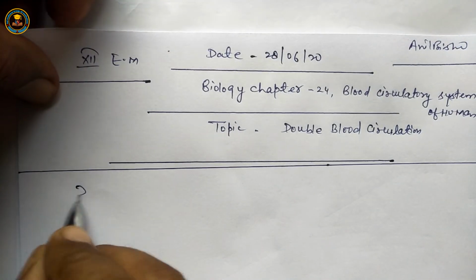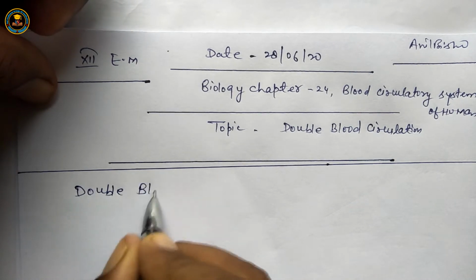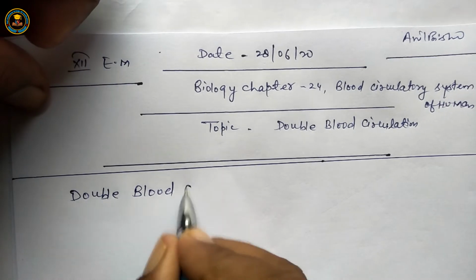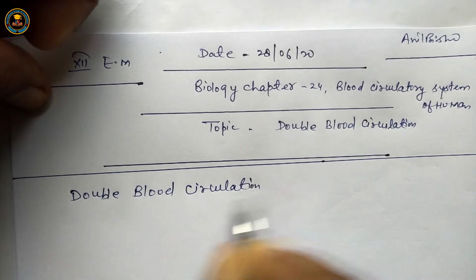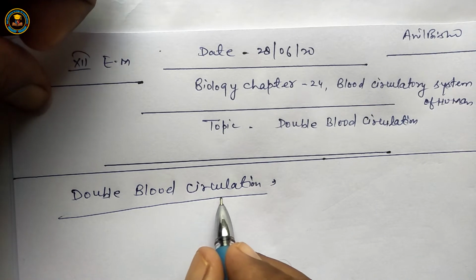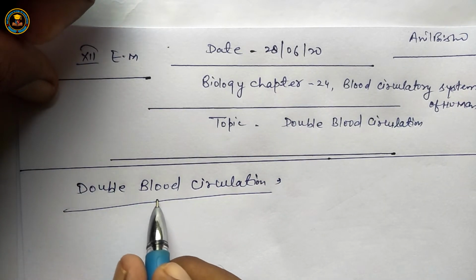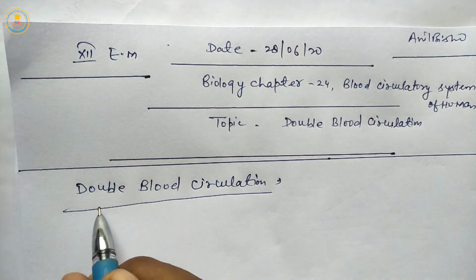First of all, the meaning of double blood circulation. "Double" means both or twice, and "blood" means a transport fluid connective tissue.